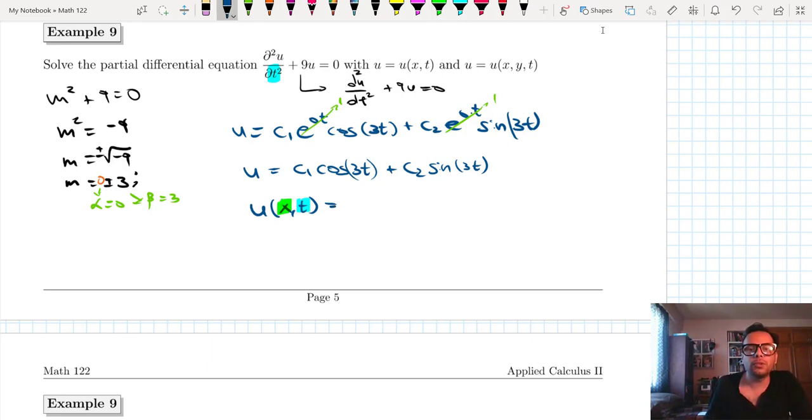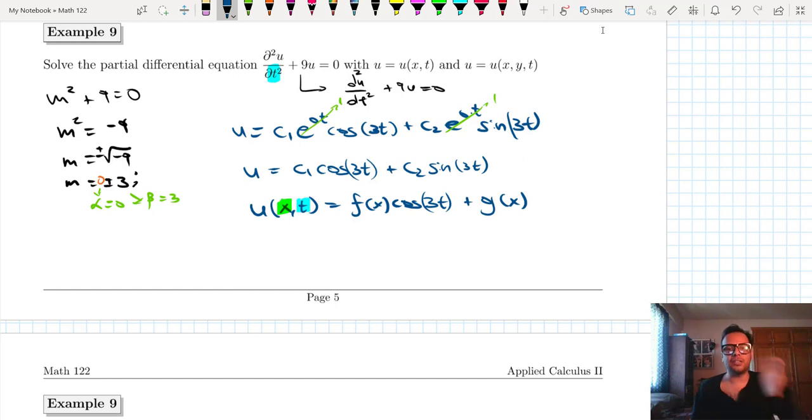So this c1 will be really some function of x, that was held constant, times cosine of 3t, plus c2, which is going to be some g of x, another function, times sine 3t.